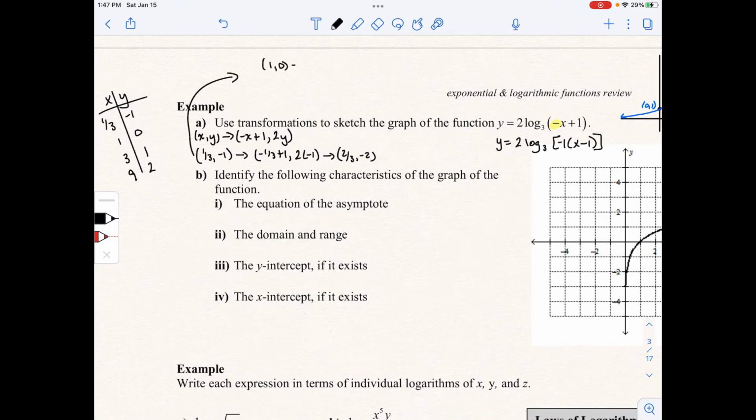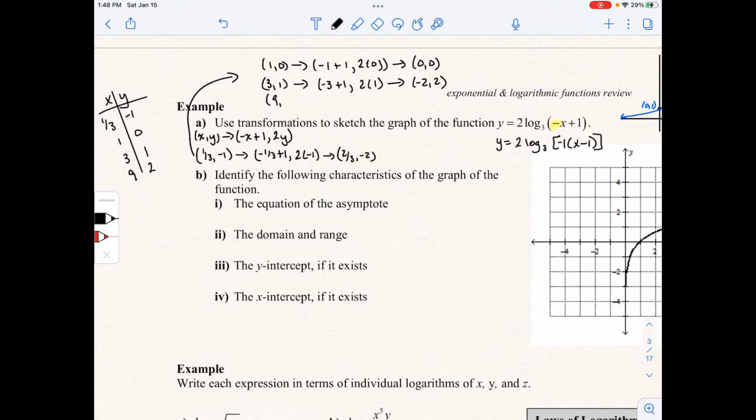If we take the next point here, 1 and 0, it's a negative x, so that's going to be -1 plus 1, and 2 times 0, which will give us 0, 0. And if we do the same thing with 3, 1, we get a negative x, so -3 plus 1, and 2 times 1, which will give us -2 and 2.